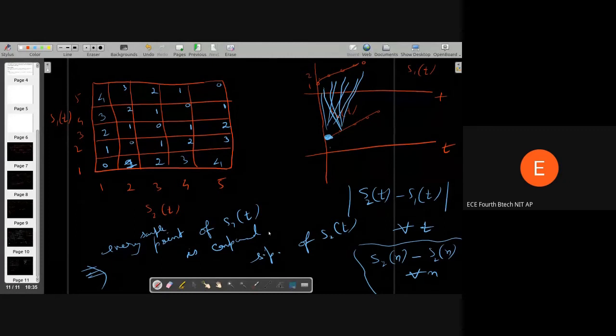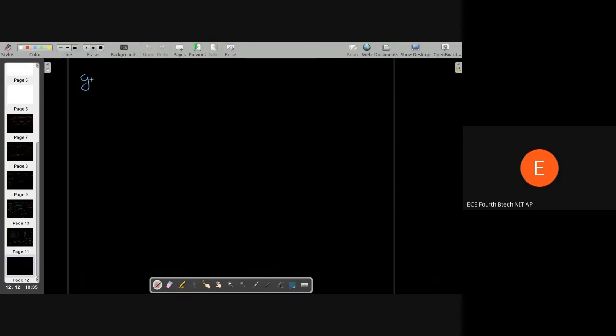So now look, you want to traverse a path, we want to find an alignment, we want to find out which point is aligned. What is the goal here?